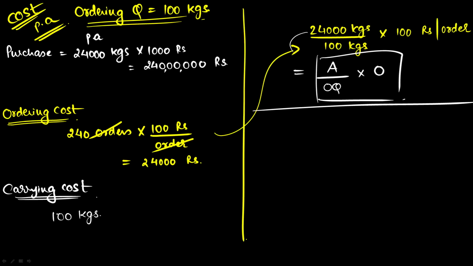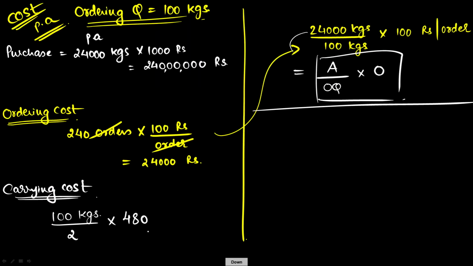So carrying cost should not be calculated on 100 kgs because sometimes it is 100 kgs, sometimes it is 0 kgs. So it should be calculated on 50 kgs. What actually am I doing? 100 divided by 2? No. 100 plus 0 divided by 2 will be nothing but my average stock I will be carrying per annum. Alright. It is 100 kgs divided by 2 multiplied by 480.